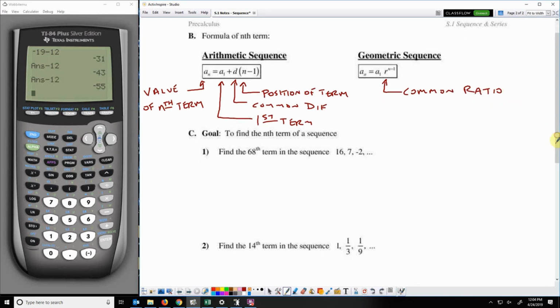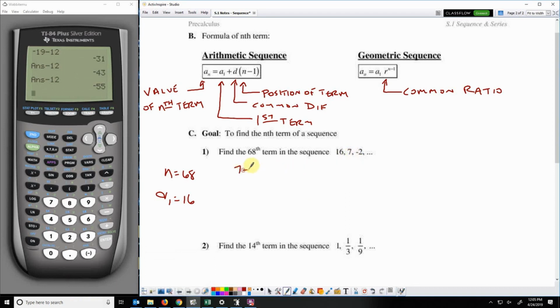So find the 68th term of this sequence, 16, 7, negative 2. So the 68th term, first that tells me n is 68. A sub 1, the first term, is 16. I have to decide if there's a common difference or a common ratio. It looks to me like a difference.